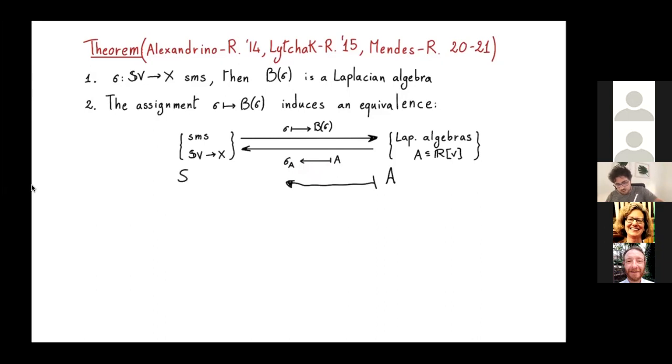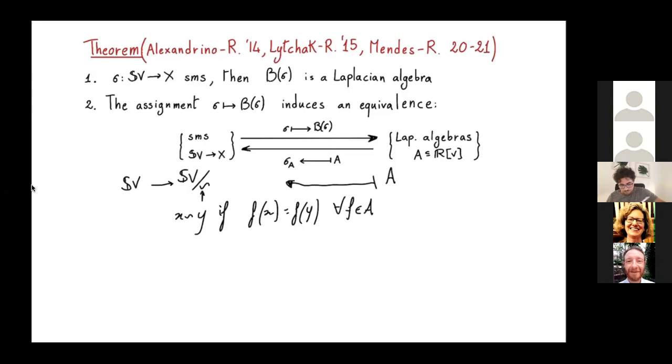So you can define an equivalence relation on the unit sphere by saying that two points x and y are equivalent if they cannot be distinguished by polynomials in A, so if f(x) is equal to f(y) for every polynomial f in A. And so you can generate a map that projects every point to its own equivalence class.